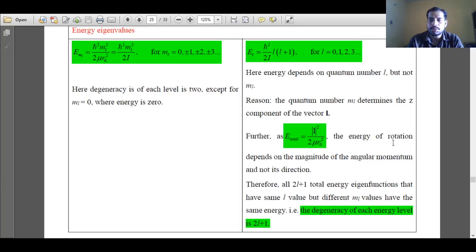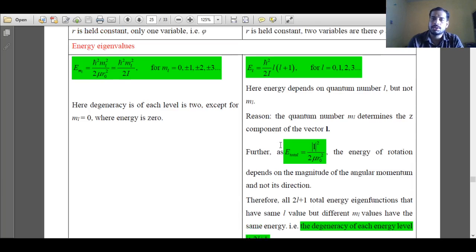Now the energy of rotation depends upon the magnitude of angular momentum and its direction. Okay, so here in rotation in 3 dimensions, the energy eigenvalue that we have obtained is ħ² over 2I, L into (L plus 1). Here this L is just a quantum number.